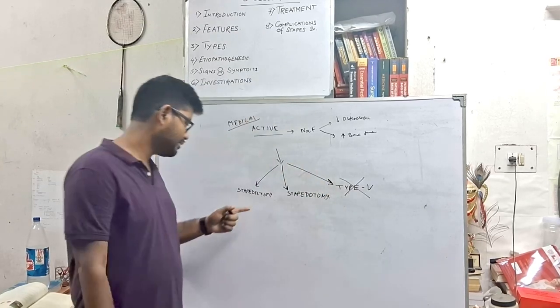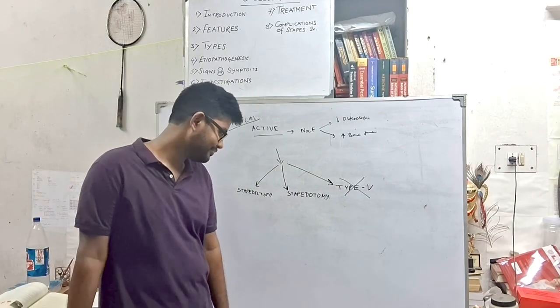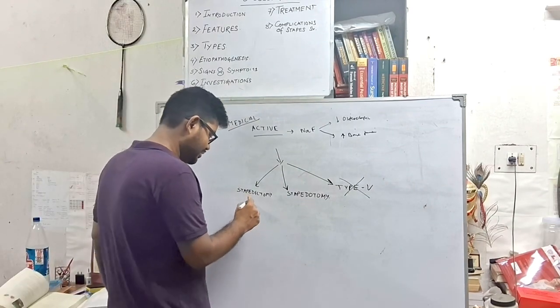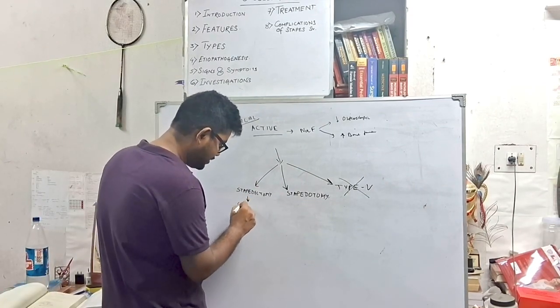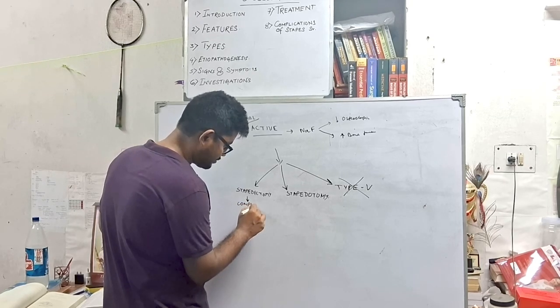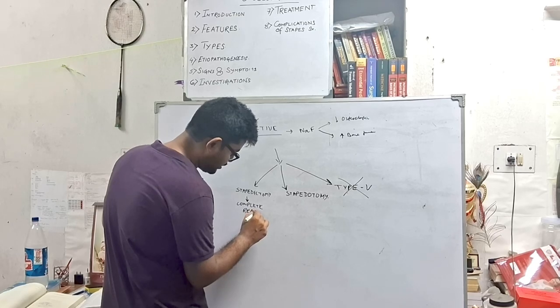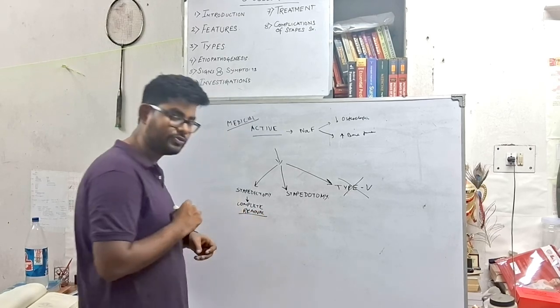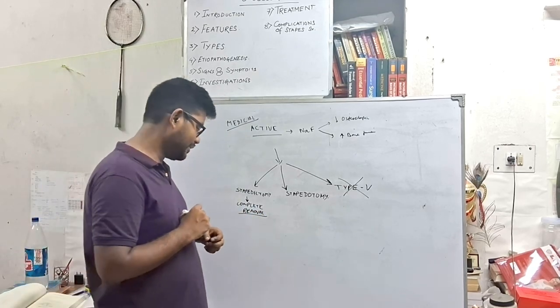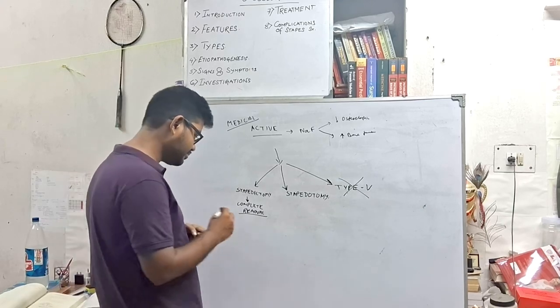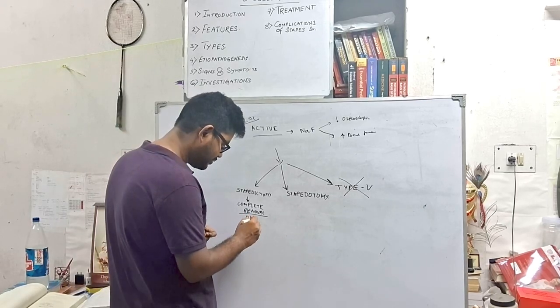Now, in stapedectomy, what is done is there is complete removal of the stapes. We remove the suprastructure, we remove the foot plate as well. So what happens? The oval window is exposed.